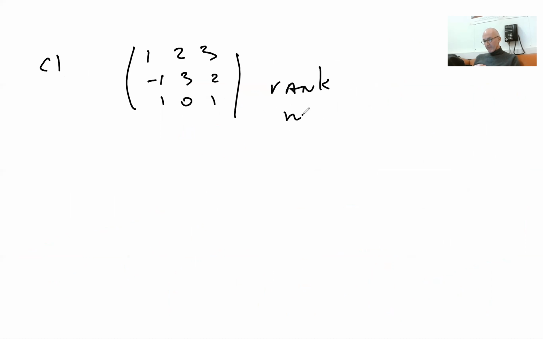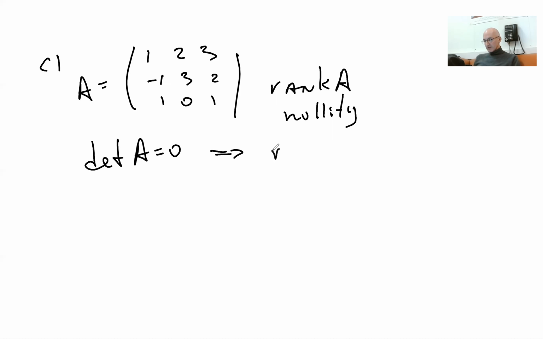Part C asks us to find the rank and nullity of my matrix. We already computed the determinant of this matrix and we know it's 0.